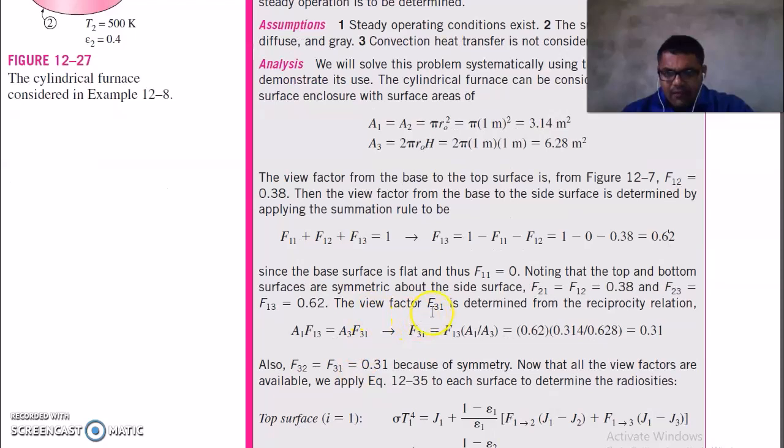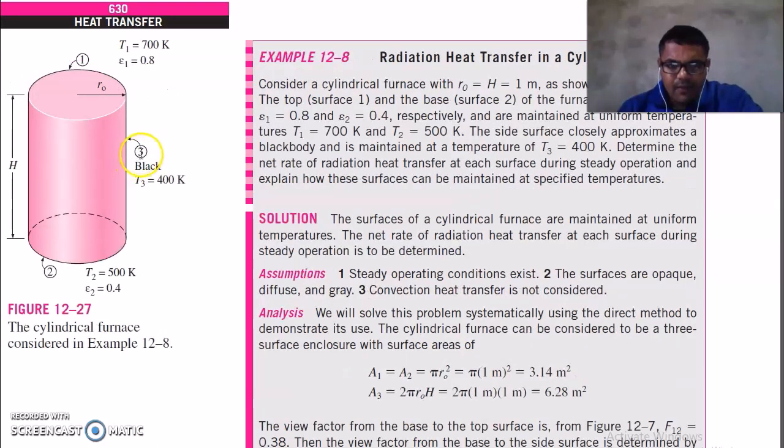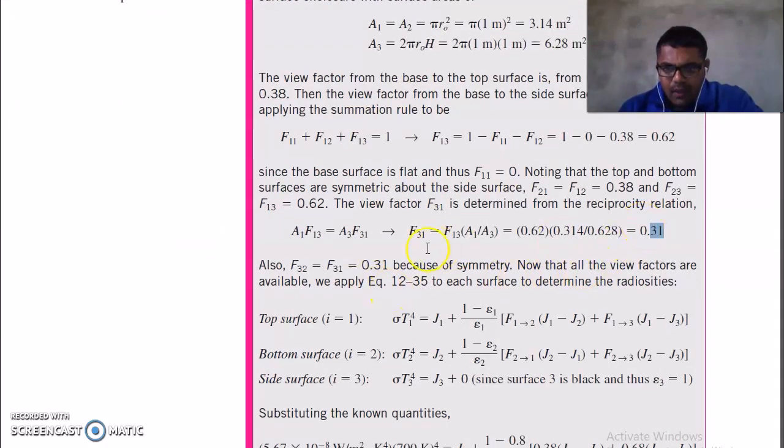Now the view factor F31 is determined from the reciprocity relation, that is A1 F13 is equal to A3 F31. So you will get F31 as 0.31, and the view factor from this surface, F31, must be the same as F32. So F31 must be equal to F32 because of symmetry.